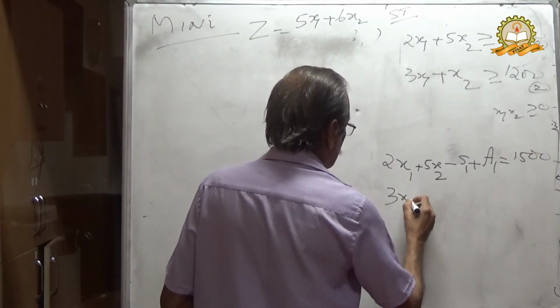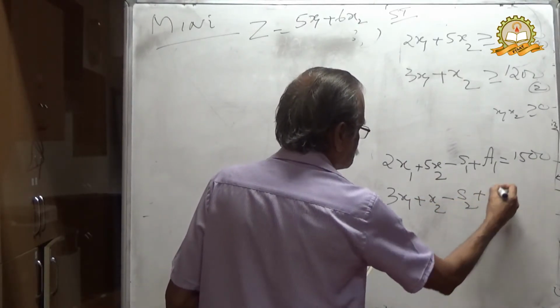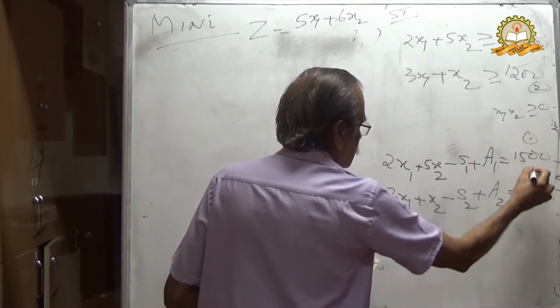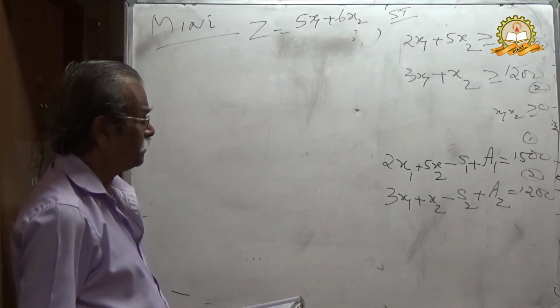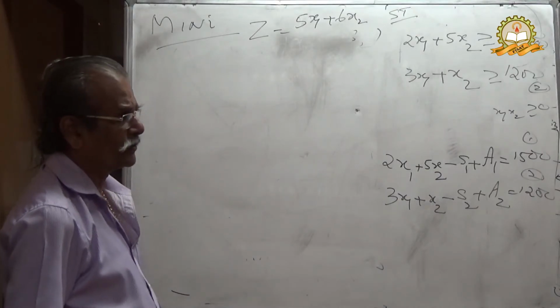Similarly, 3x1 plus x2 minus s2 plus a2 equals 1200. This is your constraint changed over into 1200. Here s1 and s2 are surplus variables, a1 and a2 are artificial variables.